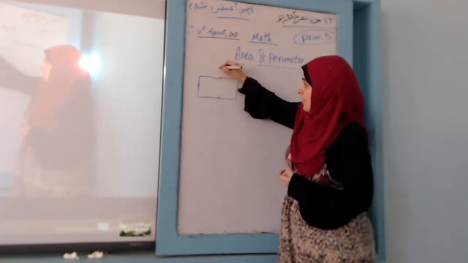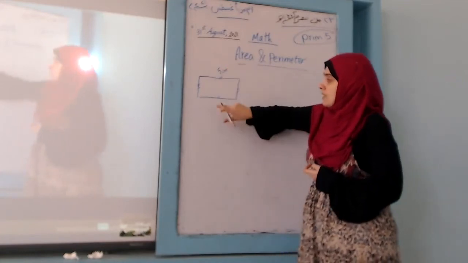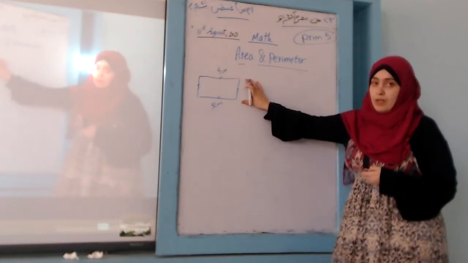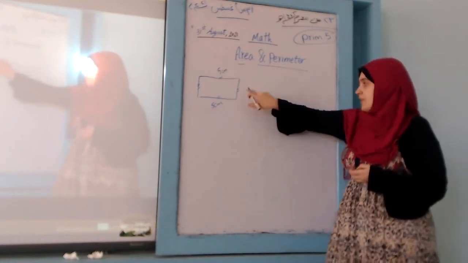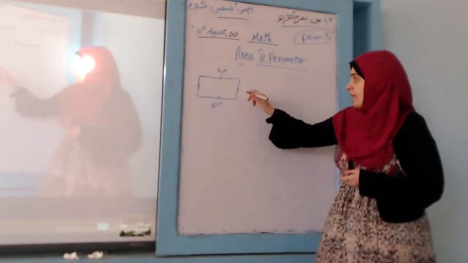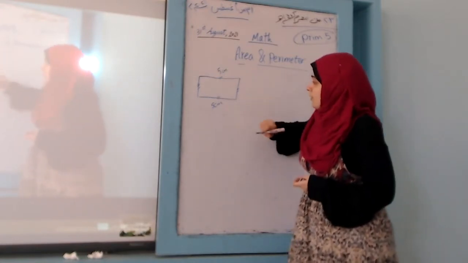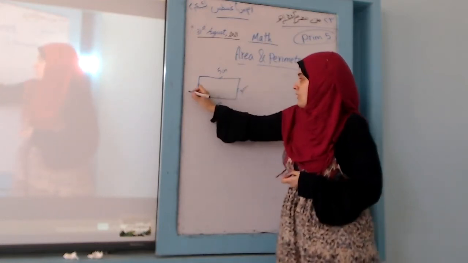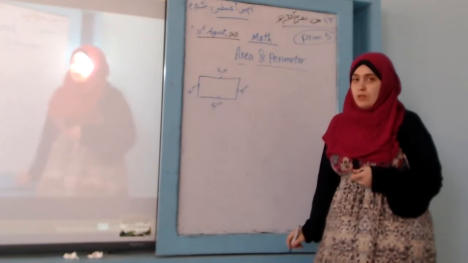If this side equals 5 centimeters, then the opposite side also equals 5 centimeters. If all the sides equal 5 centimeters, it would be a square. But here I have a different side length, 3 centimeters, then the opposite side is 3 centimeters.